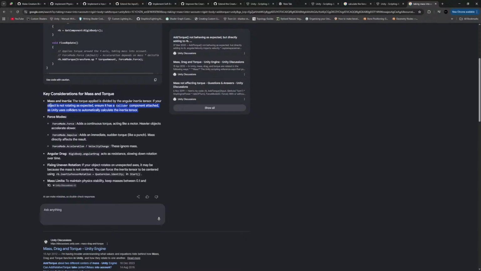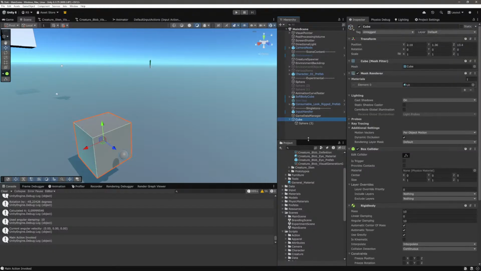That might explain it for the blob, but not for this object, right?